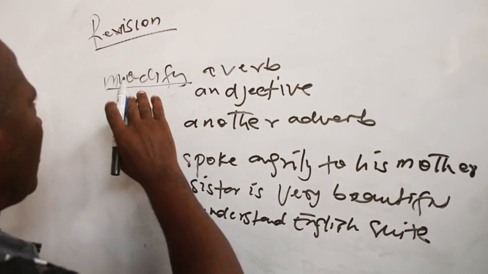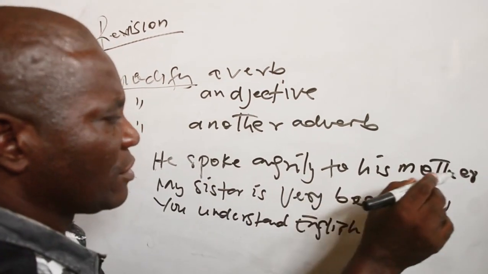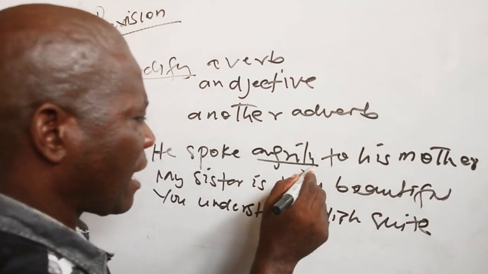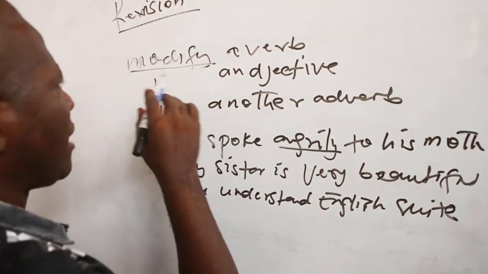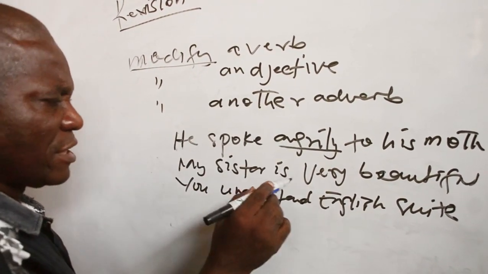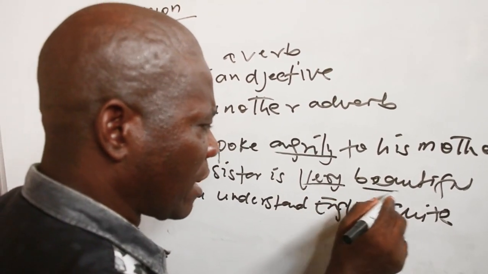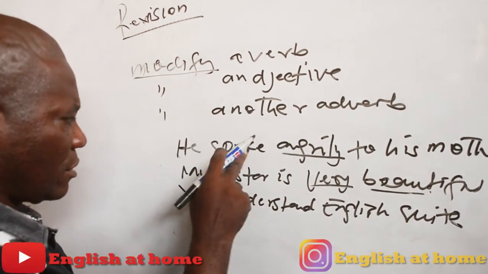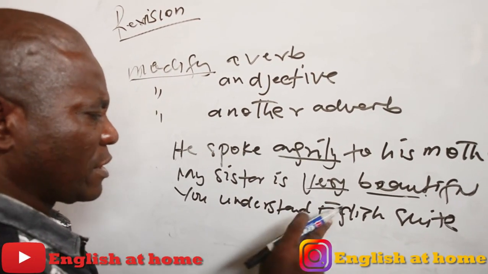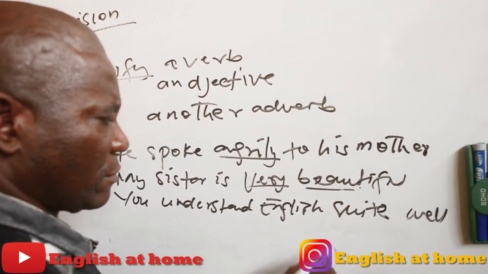Now look at how these sentences agree to the definition. An adverb modifies the verb. He spoke angrily to his mother. Angrily, adverb modifying the verb spoke. An adverb modifies an adjective. My sister is very beautiful. Very is the adverb that modifies beautiful. Beautiful is an adjective. Number three, you understand English quite well.